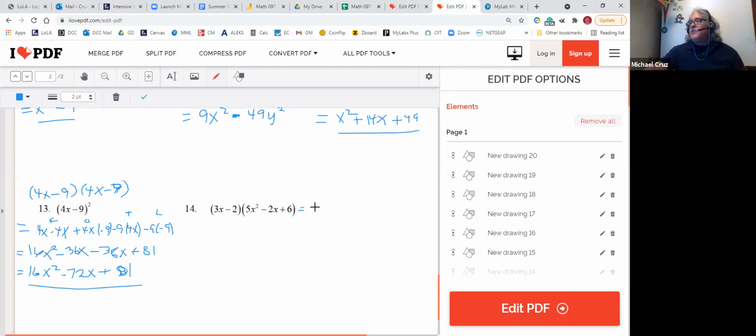All right, so first is 3x times 5x squared. It's going to be rather long because I'm showing you all of these little pieces. It's plus 3x times negative 2x, and then 3x times 6.